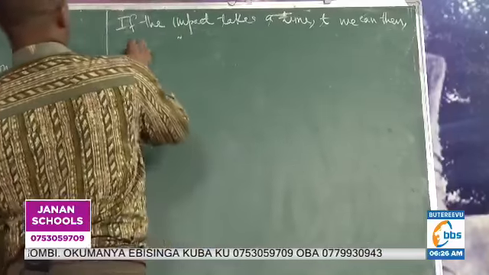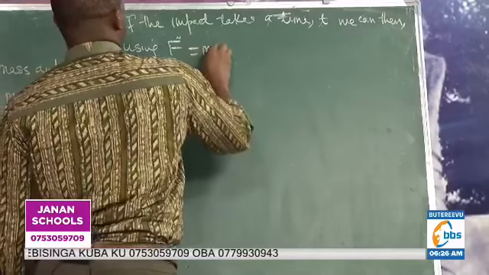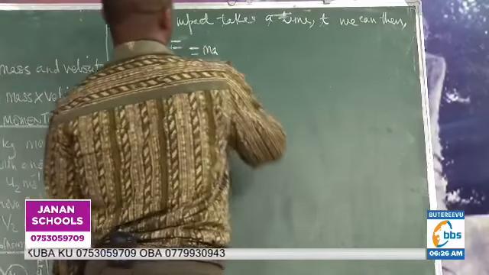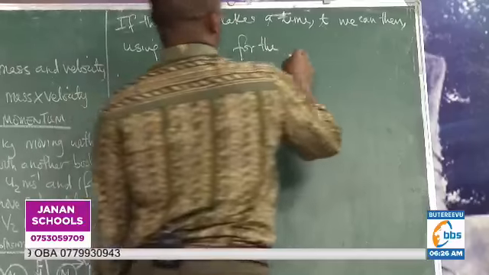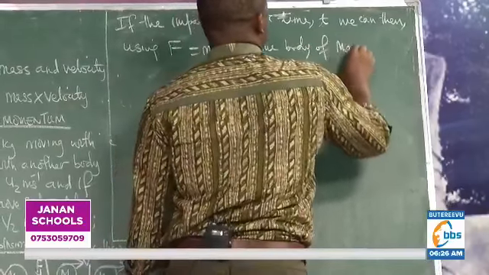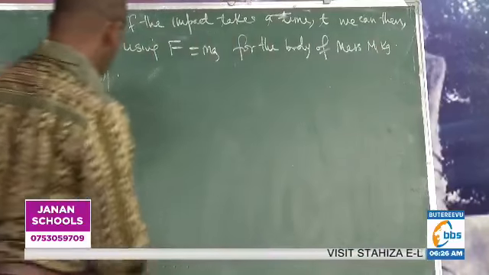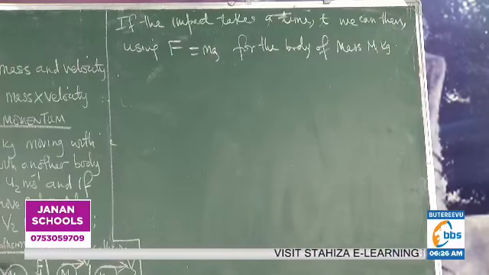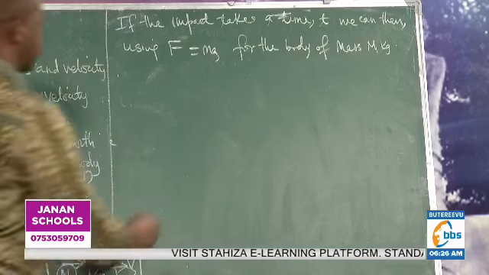So using the formula that force is equal to MA, we shall say for the body of mass M1, since the velocity has changed from U1 to V1, the force acting on M1 is F2.